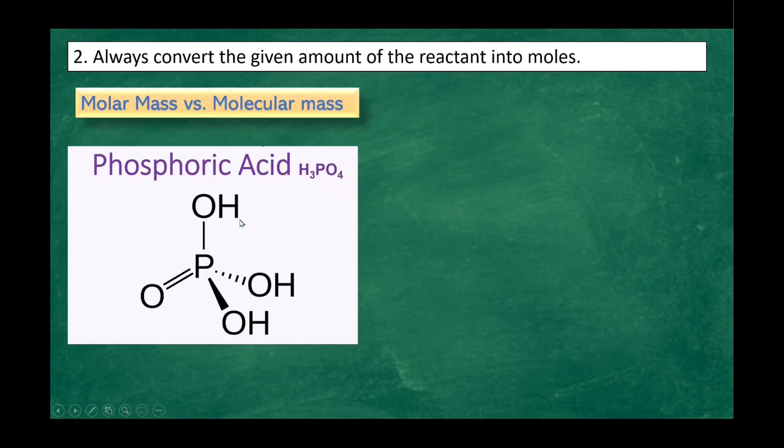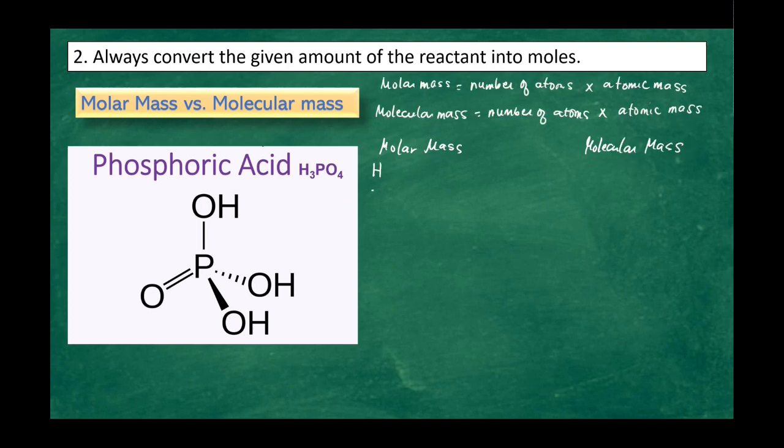For example, we have here phosphoric acid. Let's write the molar mass and then the molecular mass. We have here the molar mass: hydrogen, phosphorus, and oxygen. For our molar mass, the number of atoms, we have 3 here. The subscript is the number of atoms.